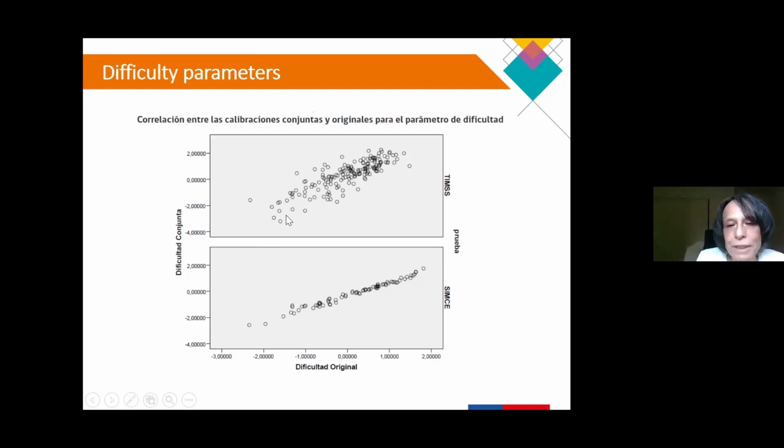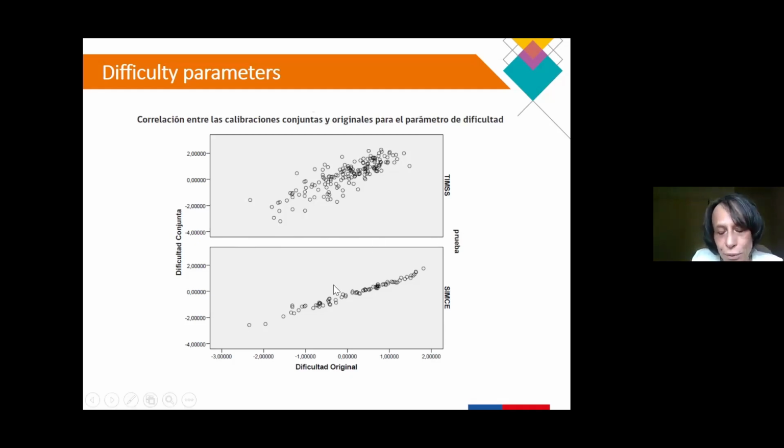And the TIMSS difficulties for the SIMSE population were quite good, appropriate for our population. We would expect that because TIMSS is an international test, so it has to try to measure in an international range of difficulty.